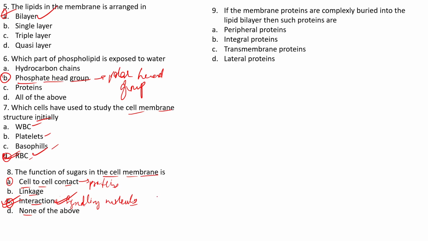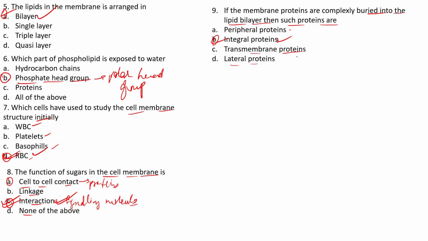Next question: if the membrane proteins are completely buried into the lipid bilayer, then such proteins are peripheral proteins, integral proteins, transmembrane proteins, or lateral proteins? The answer is integral proteins.